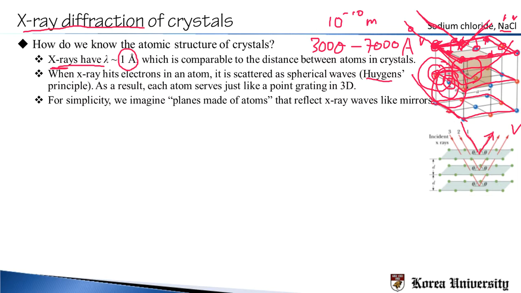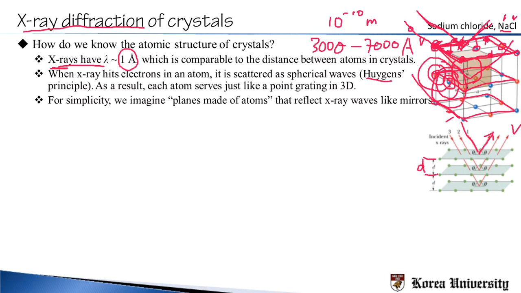Following exactly the same procedure we have learned so far, there will be diffraction and interference. Our task here is to find the condition for constructive interference. Now let's assume that the distance between these two imaginary atomic mirrors is d.